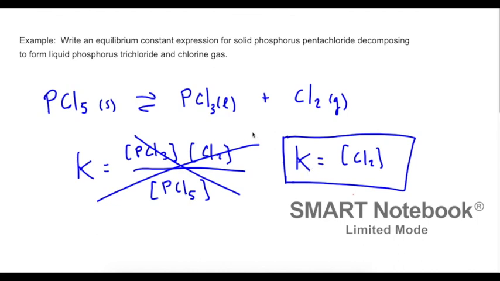We get some really interesting, surprising results when we have heterogeneous reaction systems like this. You guys know that heterogeneous means different. They're in different phases. The surprising result is that the equilibrium does not depend at all on what the solid and liquid are doing, but just on what the gas does. Only gases or aqueous solutions end up in your equilibrium expression, so please don't forget that. All right.